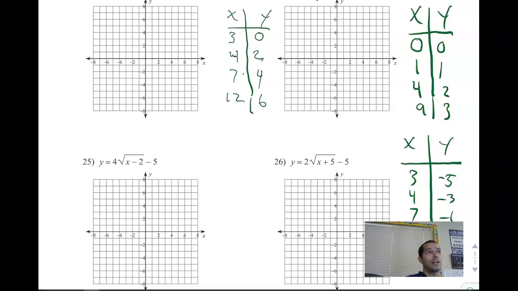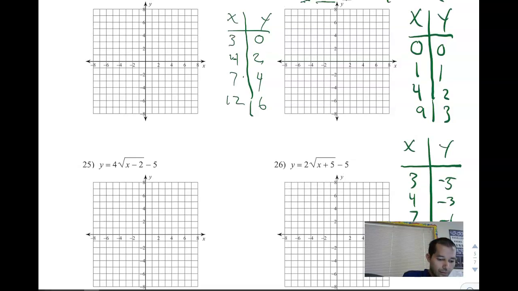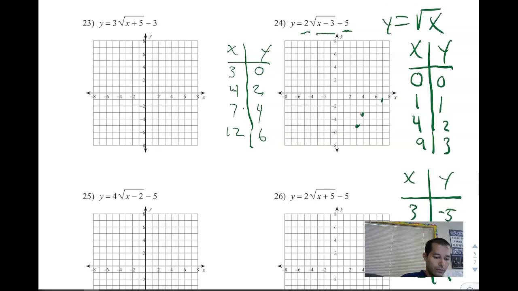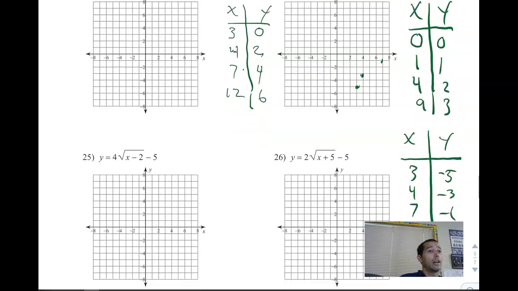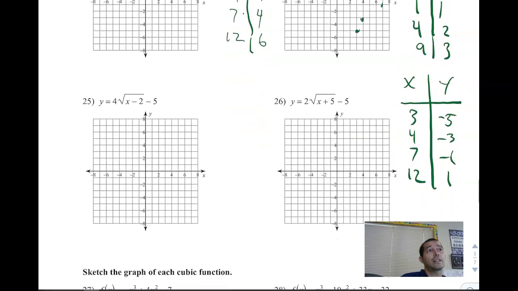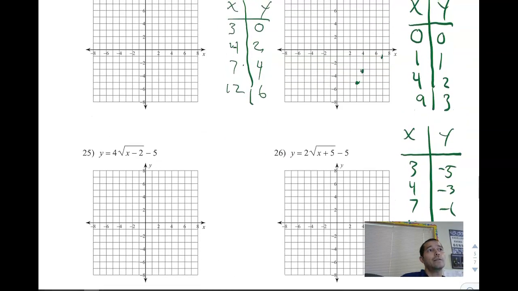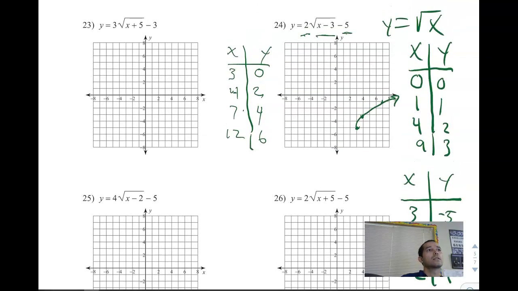And then we just want to plot the rest of the points. All right, so here we can clearly see that the graph is centered at 3, -5, and then it moves in that direction.